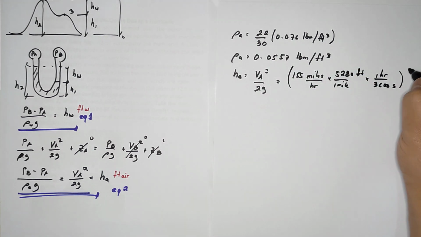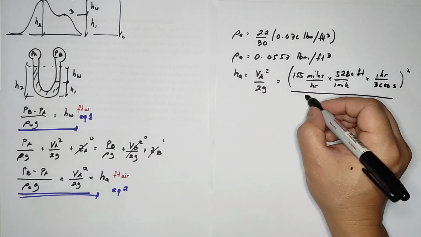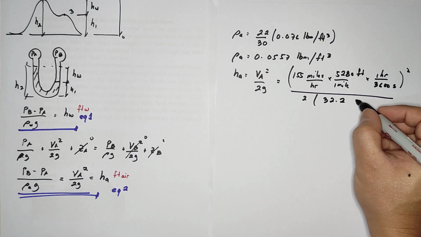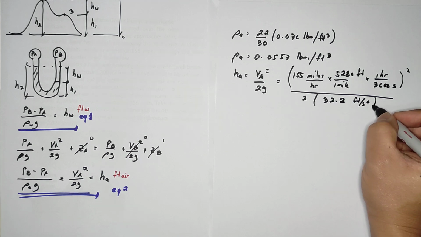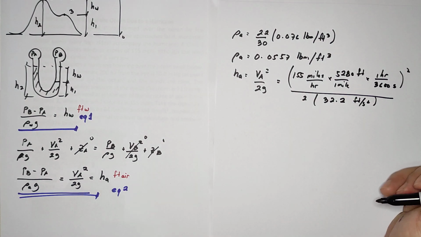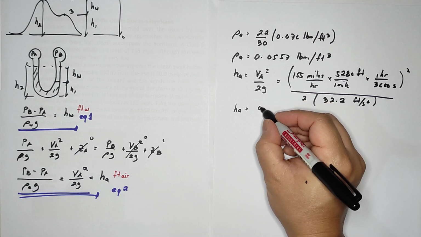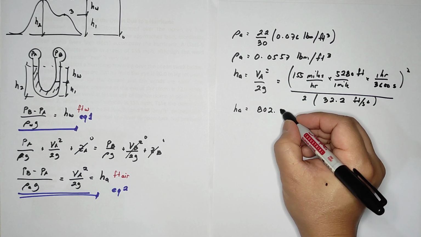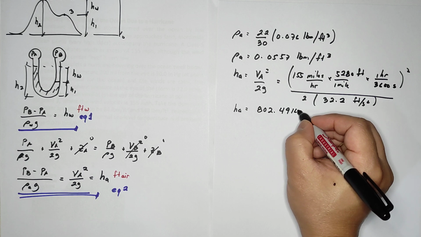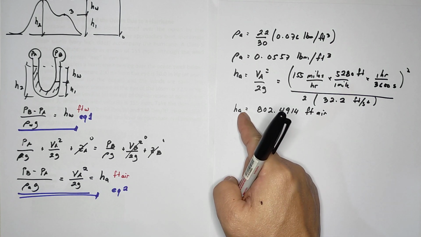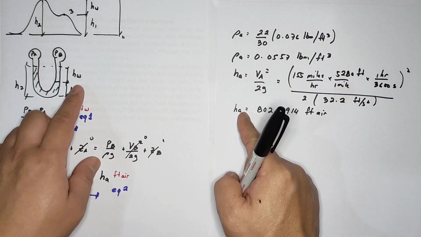So I square this, then divide by 2 times 32.2, in feet per second squared. So the answer is in feet. So HA now is 802.4914 feet of air. Again, that is HA, that is not HW.